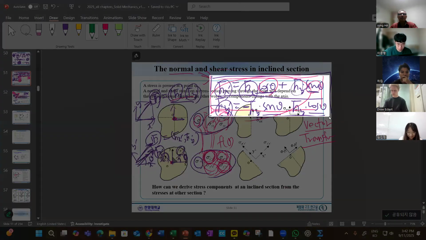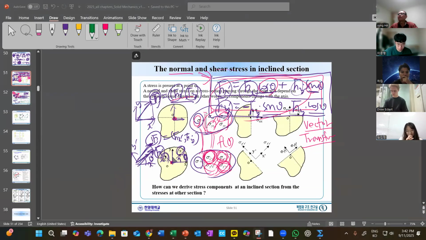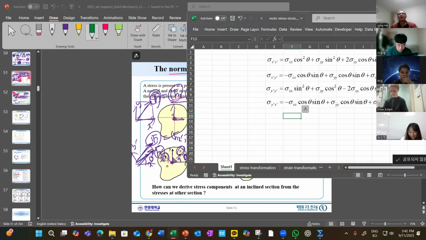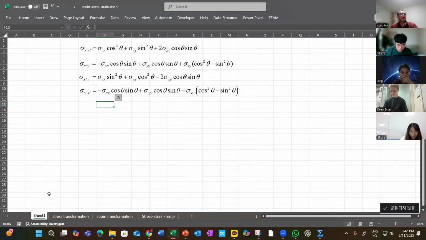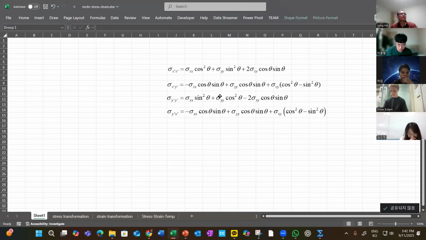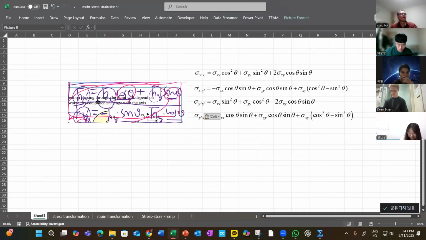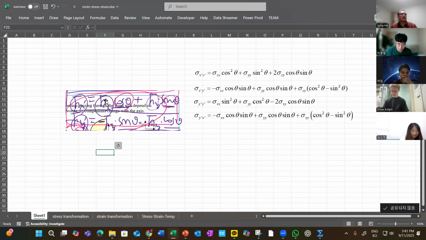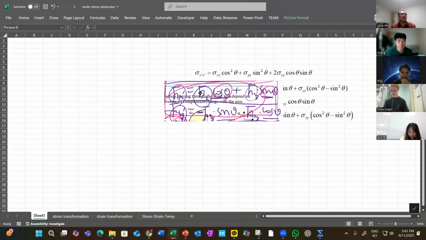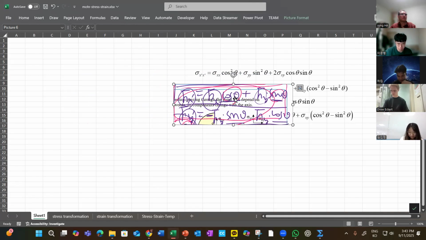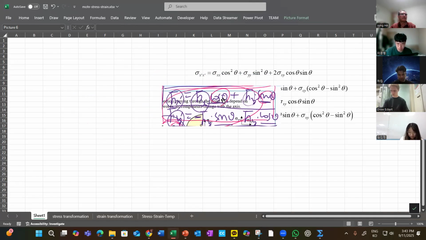This is the concept we already know. What we like to do is get, given fx and fy, how these fx prime, fy prime will vary according to theta. This is what we like to do using Excel.